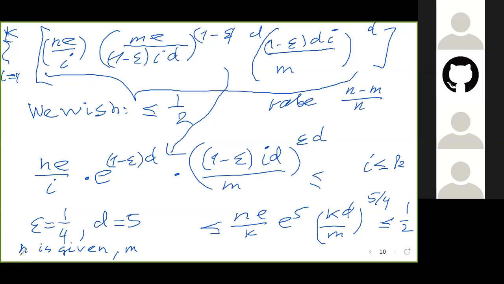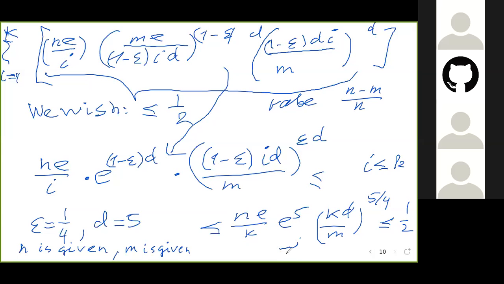So assume that n is given and also m is given. Then the only thing we can choose is k. But the point is that this thing decreases when k decreases.